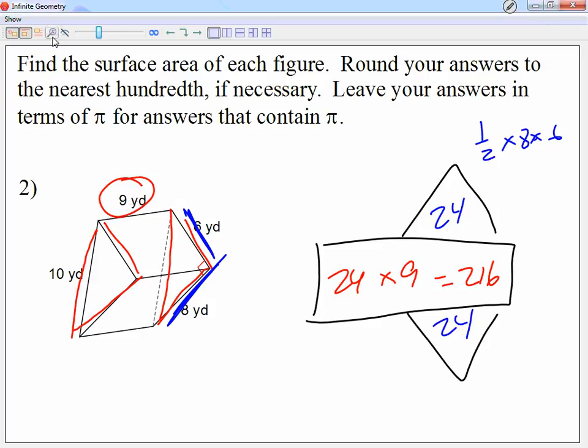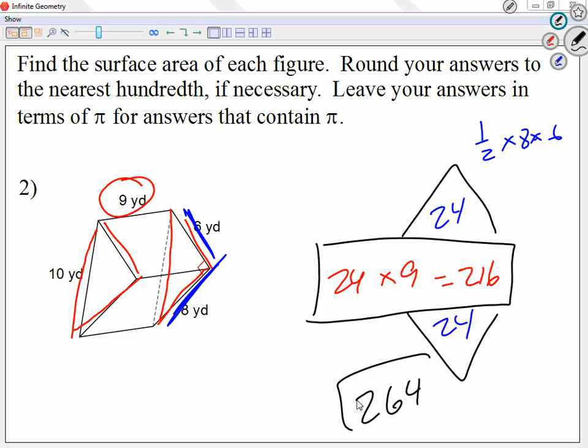Add everything, and it should be 264. So pyramids, question number 1, we had a base and a bunch of triangles. Prisms, we have a rectangle and two bases. Before I look at cylinders or cones, any questions on any of your questions?